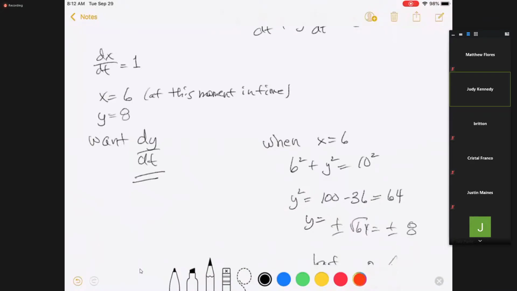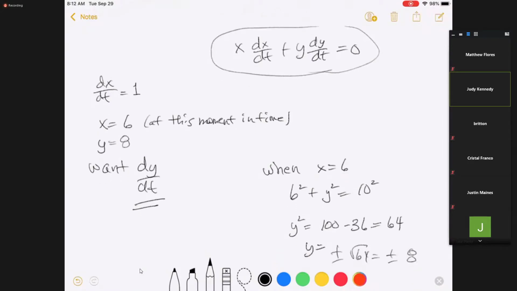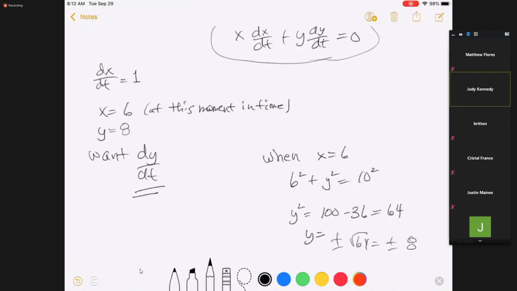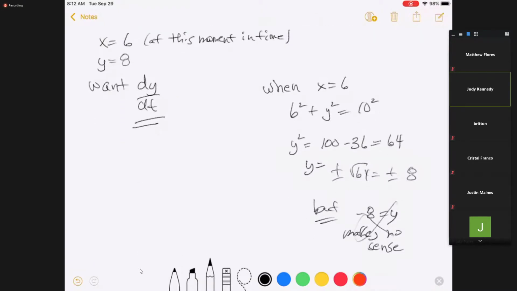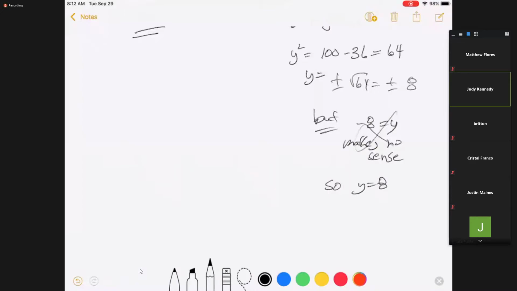And we're all set to go, because now all we need to do is to figure out what dy dt is. So x is 6, dx dt is 1. Let me write the whole relationship again.